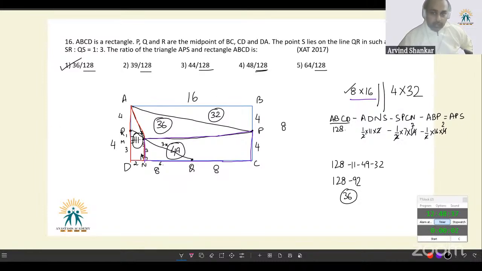I tried it out and it still worked, as long as I took ABCD rectangle area as 128. It even worked at 2 and 64. At any set of numbers, I had to assume some set of numbers and then work my way forward. In any case, you will always get the same answer. 36 by 128 is going to be the answer. So this was my jugaad way of solving this.